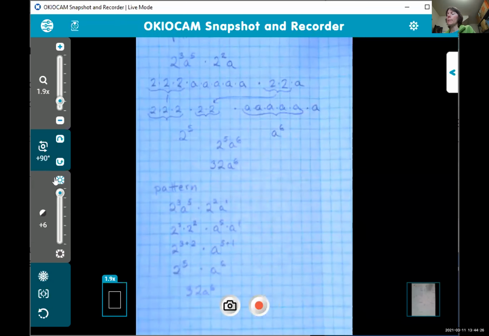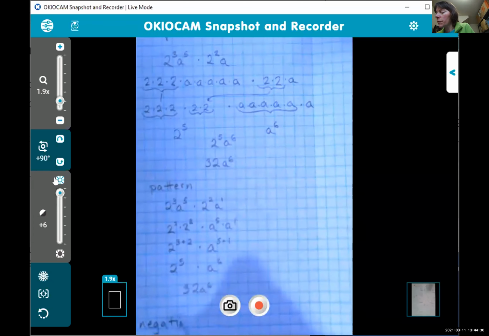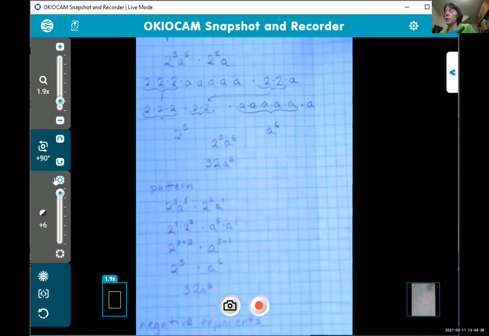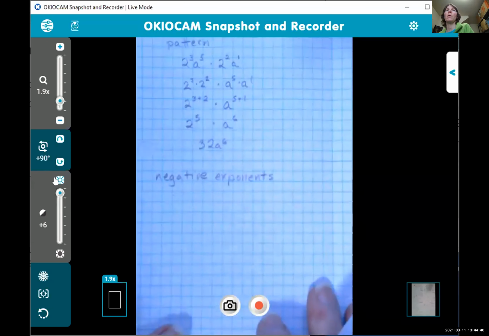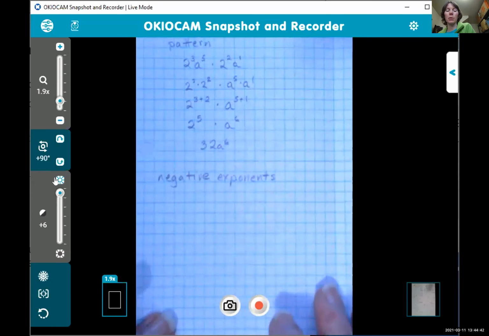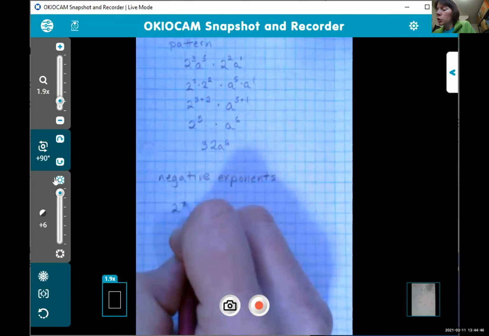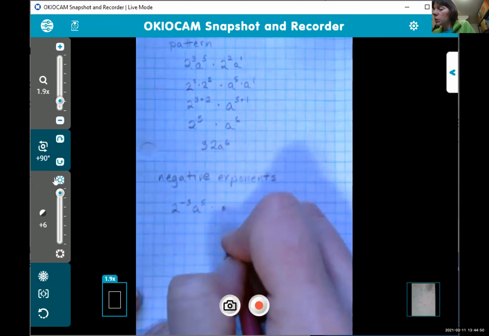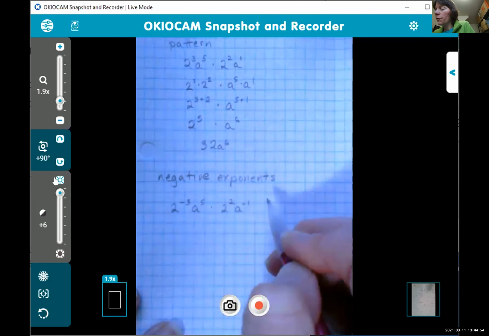And then I want to capture what it looks like when we have negative exponents, because those honestly give students more difficulty. Those are a little more challenging. So I'm going to move down and start writing about what I'd like you to copy down for negative exponents. So we're going to start with that problem again. So it's 2 to the negative third, a to the fifth, times 2 to the second, a to the negative first, right?